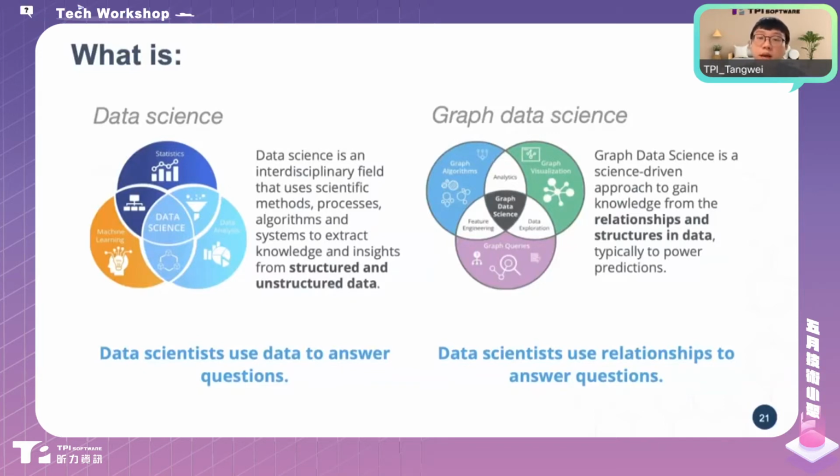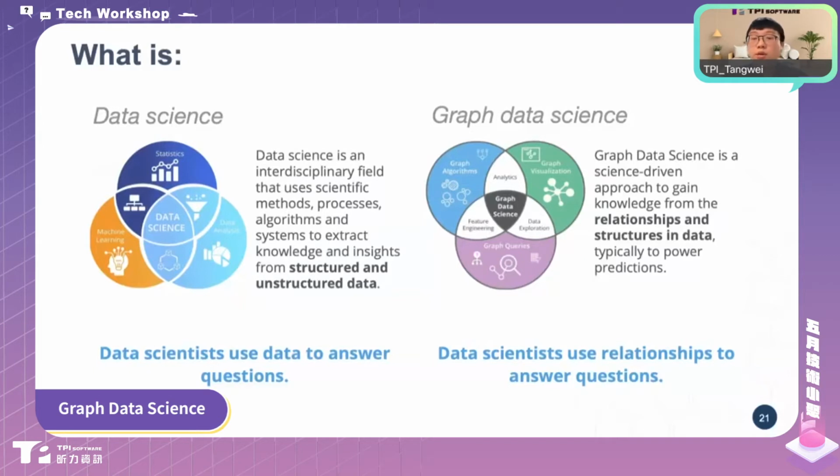Instead of just saying, here are my rows and columns, I want to predict this outcome, we look at the connections between your data points and use those relationships to answer questions. So you start having these multi-hop relationships, and graph data science is really a combination of graph queries, that core database functionality, where I have stored all this data and I want to answer questions about how it is connected.